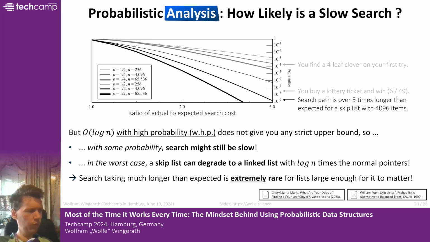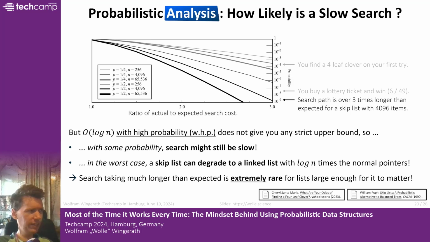If you have a list with 1 billion items, you have rather bits flipping than really bad search performance. And on lists that are really short, it doesn't really matter. So the with high probability part means that performance is pretty nice. And if you start worrying about your skip list degrading because of bad luck, then you should also be worrying about bits flipping and power outages and stuff like that.